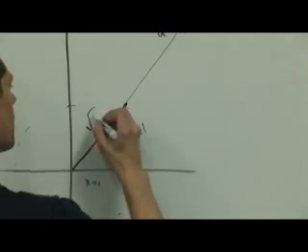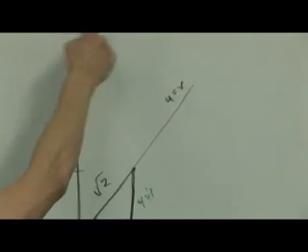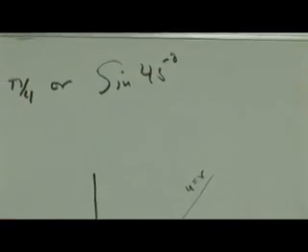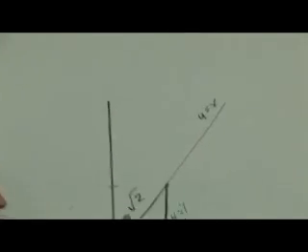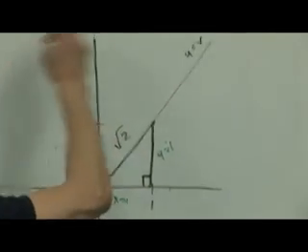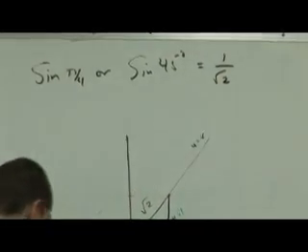So here is the square root of 2. Remember, the sine of pi over 4, of 45 degrees, is whatever y is divided by what the radius is, or the hypotenuse. In this case, it's the square root of 2. This is equal to 1 divided by the square root of 2.